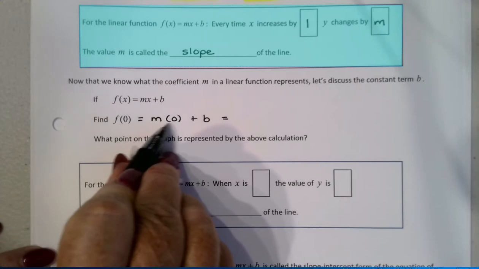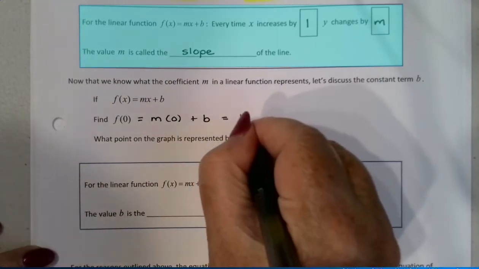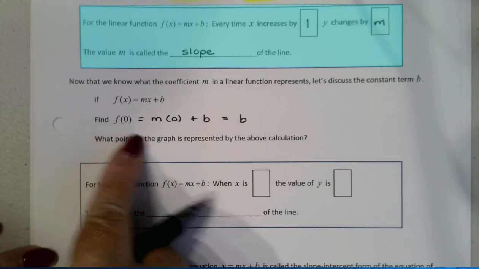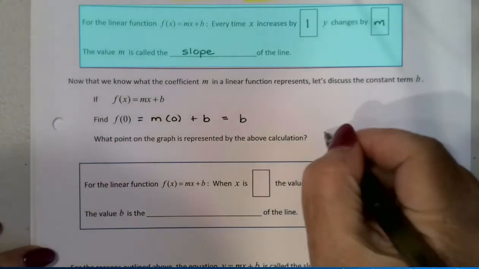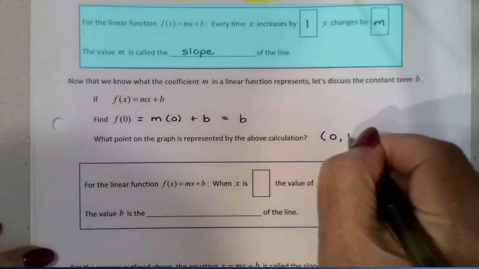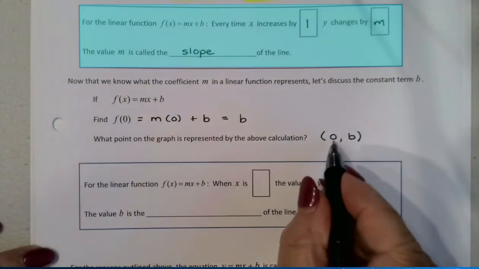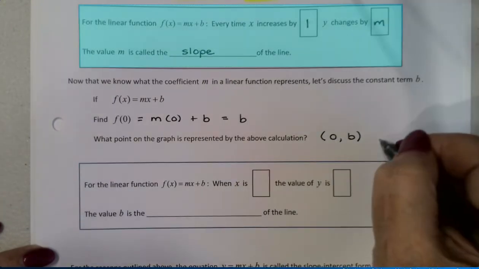And so that's just going to be 0 plus b, or b. So when x is 0, y is b. Well, if x is 0, that's the point on the y-axis, or in other words, the y-intercept.